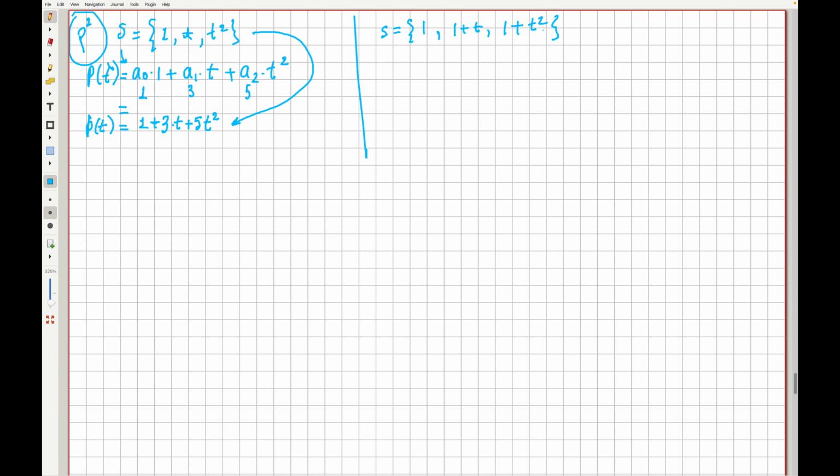So that's 1 plus t squared that we have written here. And so the polynomial that we create with this is simply going to be a0 times 1 plus a1 times 1 plus t plus a2 times 1 plus t squared.